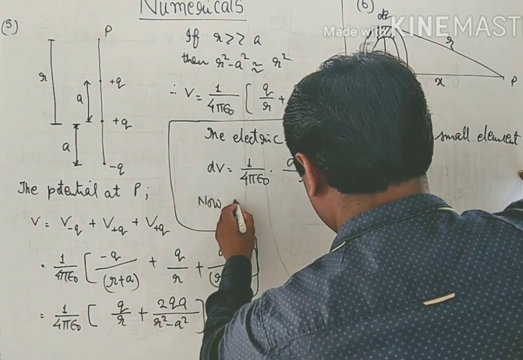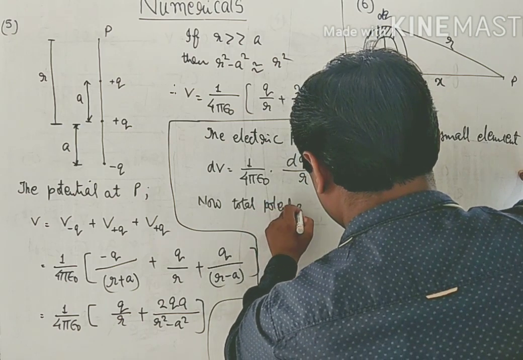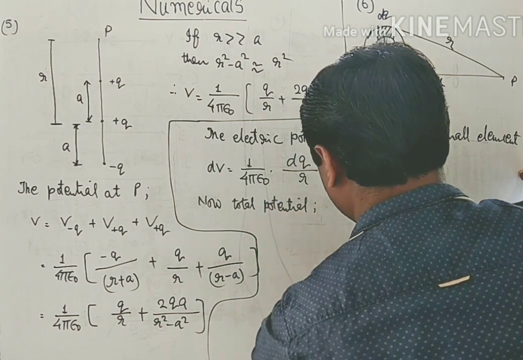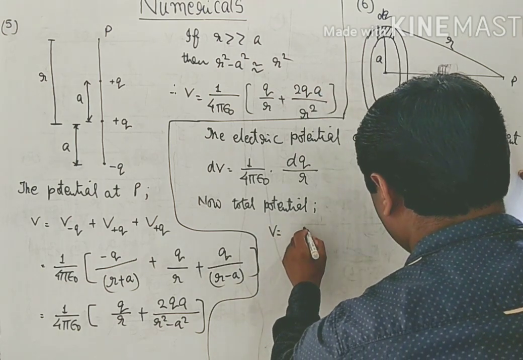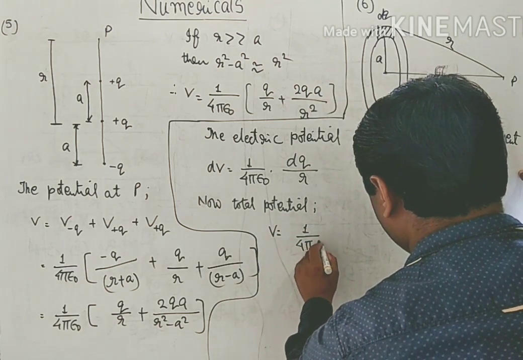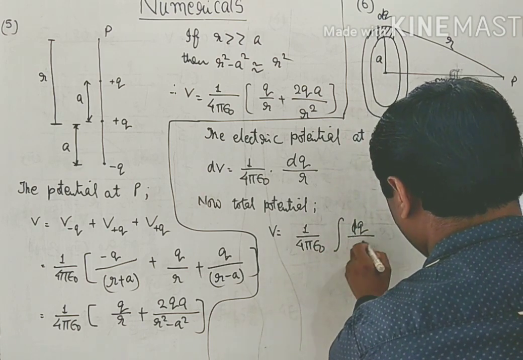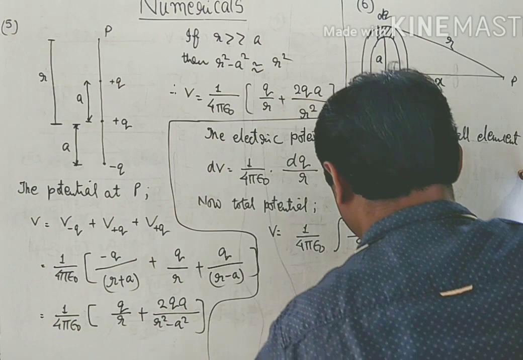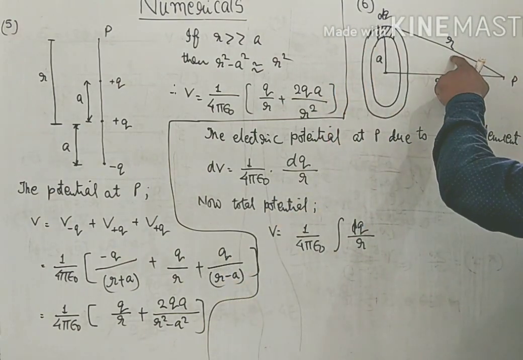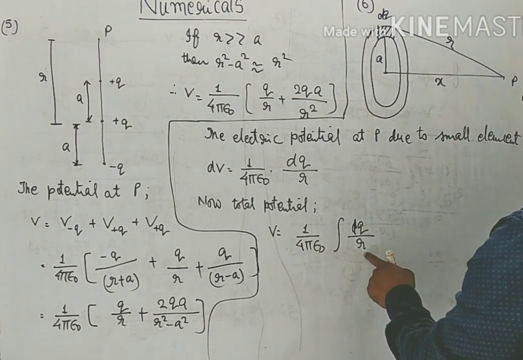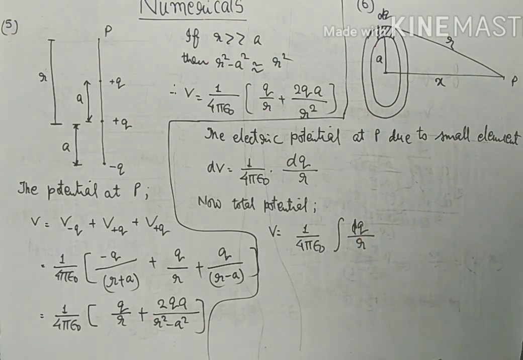Now the total potential V equals the integral of 1 upon 4 pi epsilon naught, which will be a common term, so the integral of dq upon small r. Actually this distance would also be constant, so when we integrate this, we'll be having q.